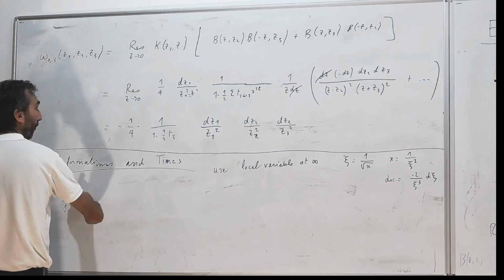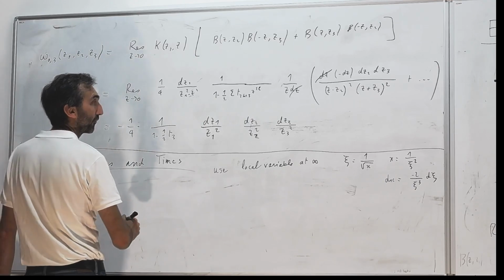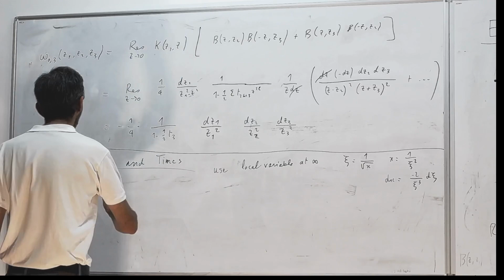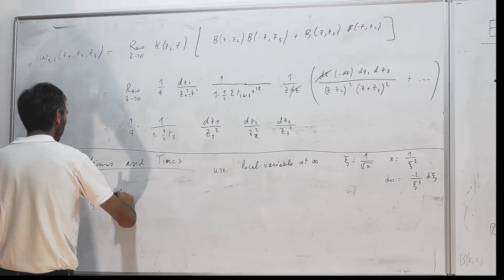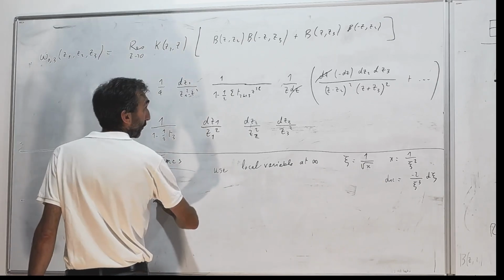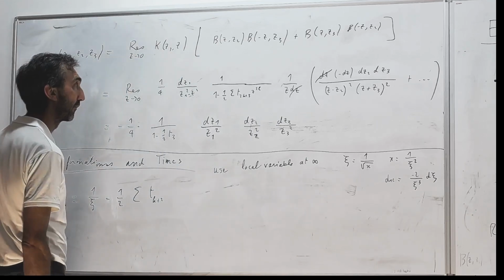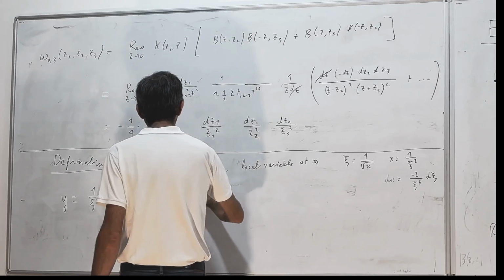So y was z, which is square root of x, which is 1 over xi, minus 1/2 sum of t_{k+2}. And so z was xi to the power minus k.